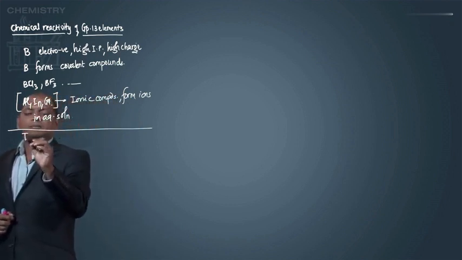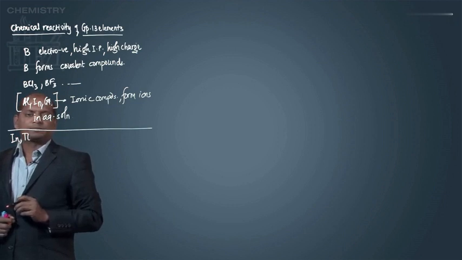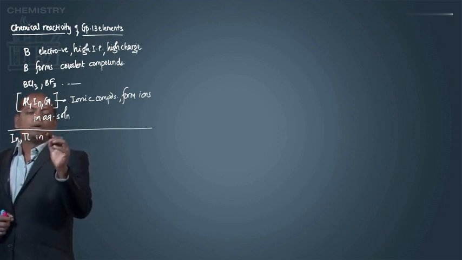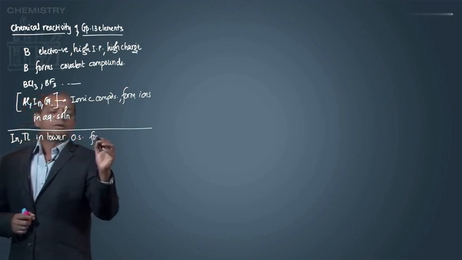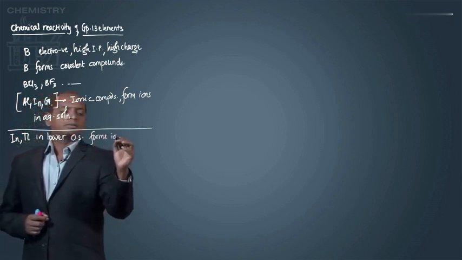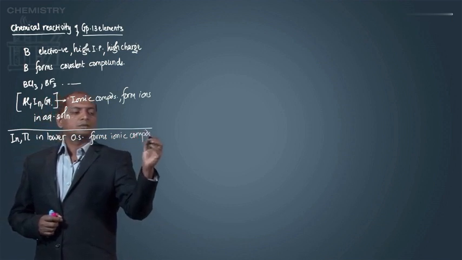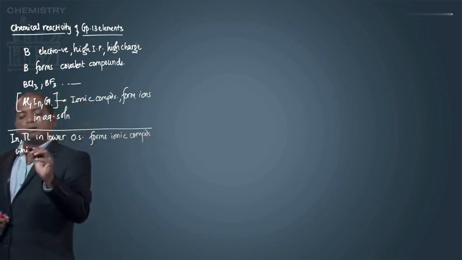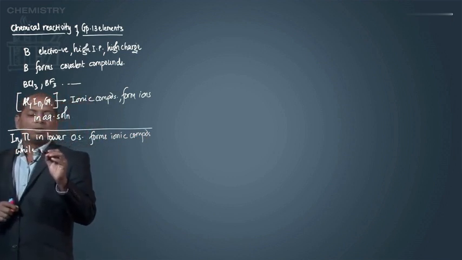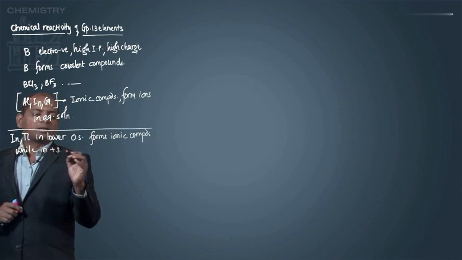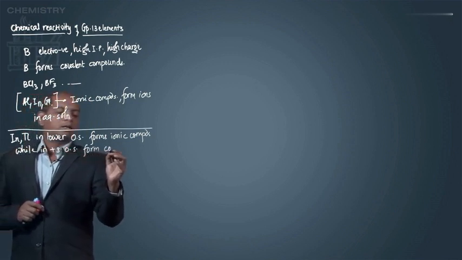So, indium and thallium in lower oxidation state form ionic compounds, while in +3 oxidation state form covalent compounds.